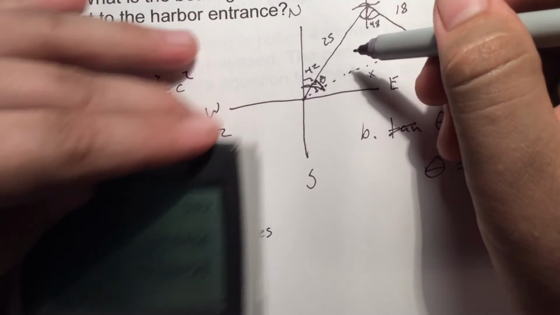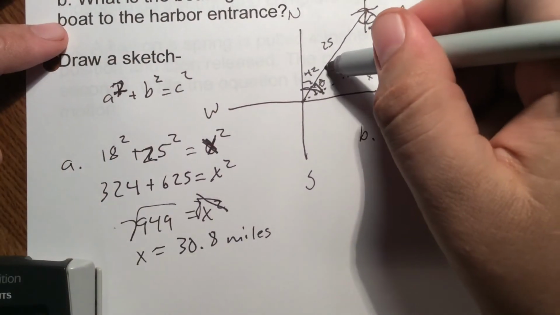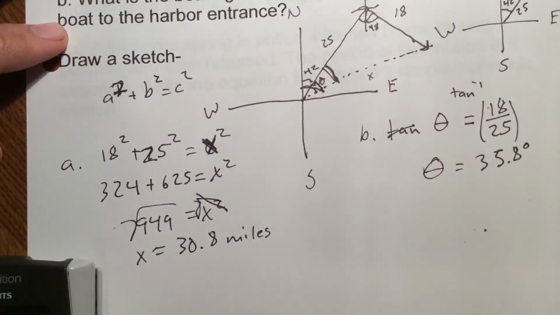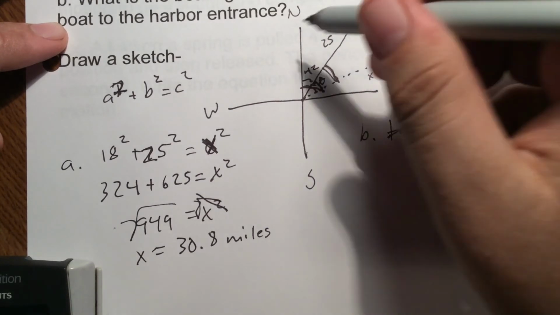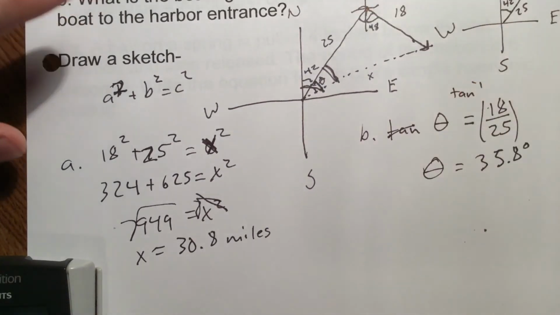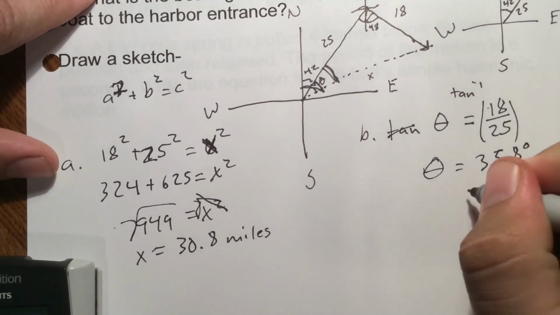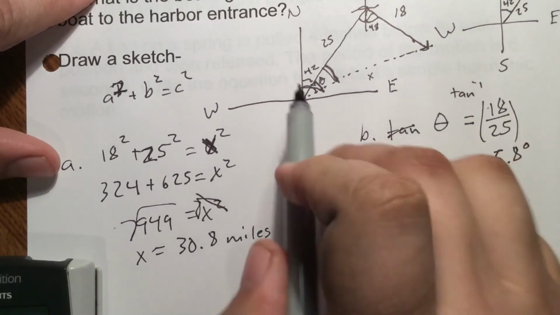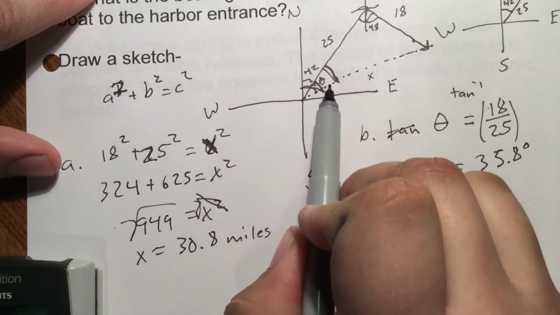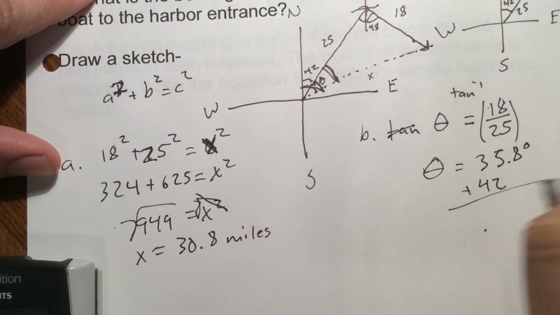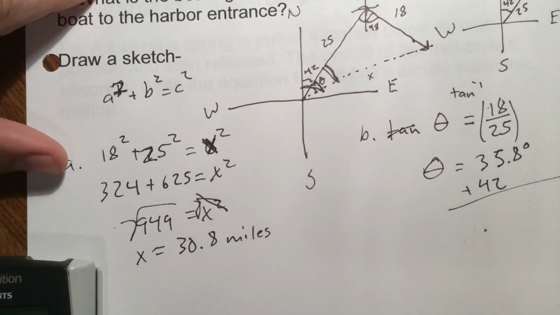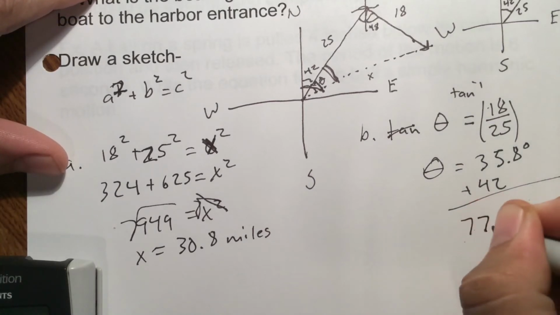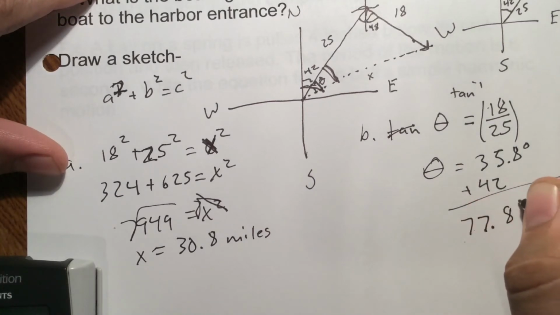Now, that would just be from here to here. We're still in this upper quadrant here. So we're still tipping from the north. So really what we're going to have to do is add in the 42 degrees that are already here that were tilted, plus another 35 more. So if we add that in, plus 42, we'd be at 77.8 degrees.